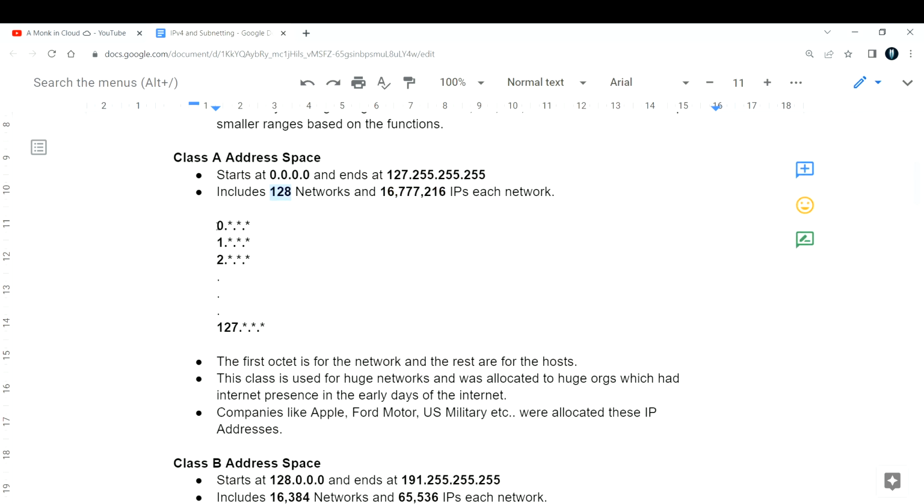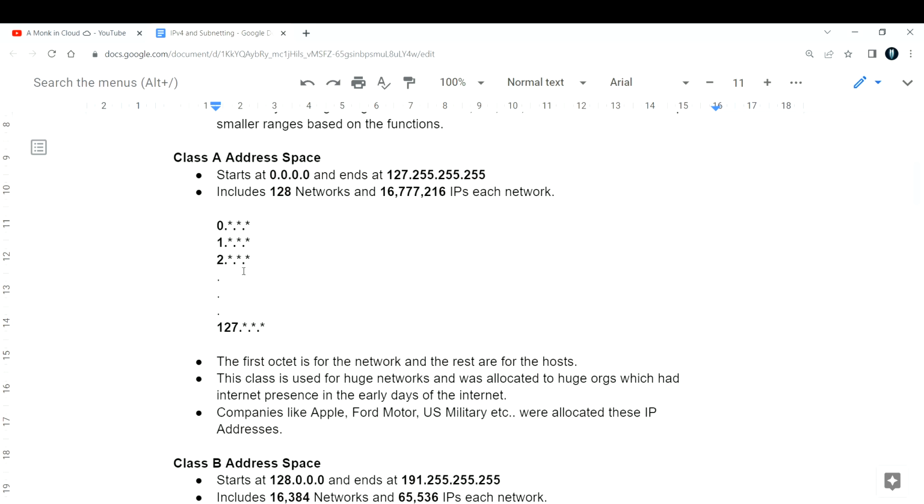If you see here, it starts with 0 dot anything, for example 0.1.2.3, and it can go till 127 dot anything. That is what we have mentioned here. If you consider 0.0.0.0 as the starting and this as the ending, there are multiple other ranges that you get in between, and that is what we have mentioned here.